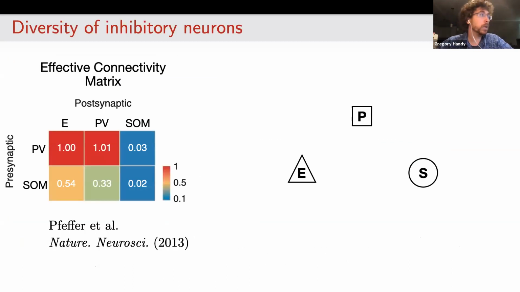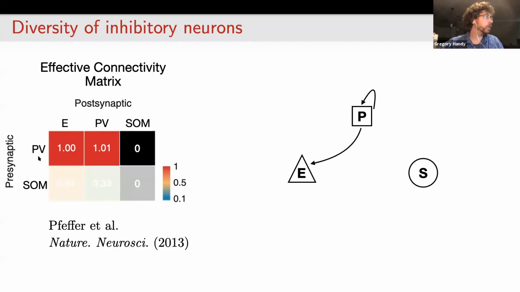to illustrate the differences between these subclasses. You can view this as the effective connectivity matrix. Basically, it says how strongly these two populations are connected. We have the presynaptic side, so it's going from PV to E, PV to PV, and PV to SOM. That's how you can read this table. We see that a couple of these are much smaller than the others. So the first step is to apply a threshold and take those terms, which are significantly weaker than everything else in this matrix, to be 0.